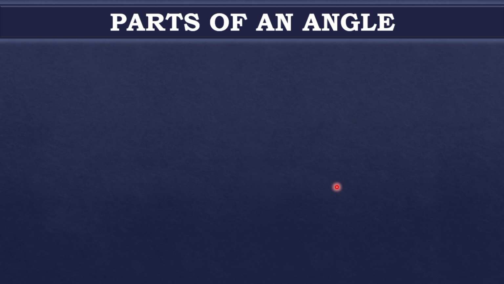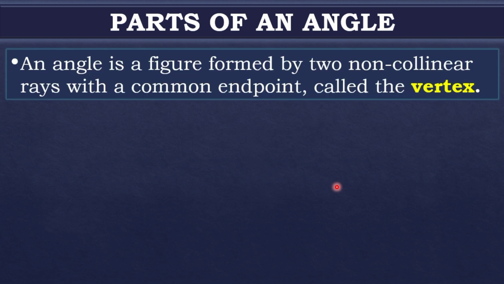So let us discuss the parts of an angle. So an angle is a figure formed by two non-collinear rays. So kagaya nga po ng activity natin kanina, yung dalawang rays natin ginawa nating non-collinear. Okay? So, para masabi nating angle siya, dapat it must be a non-collinear rays. Anong halimbawa nun? Ito po.